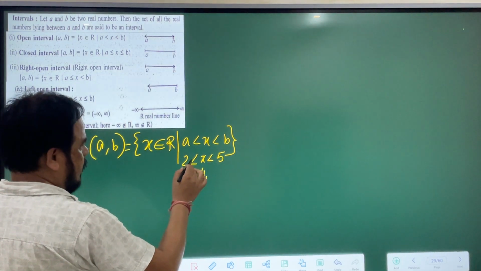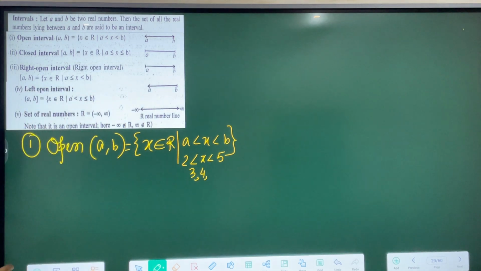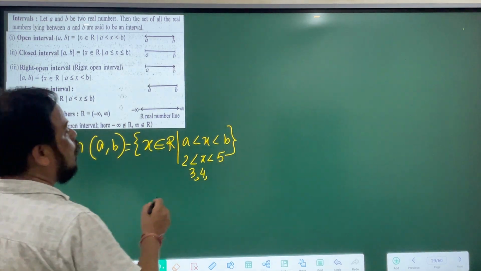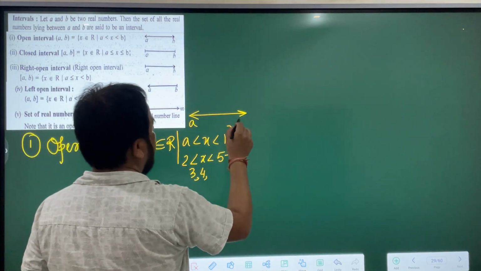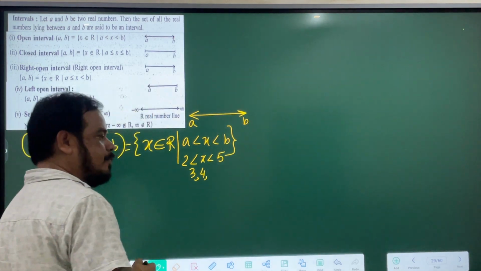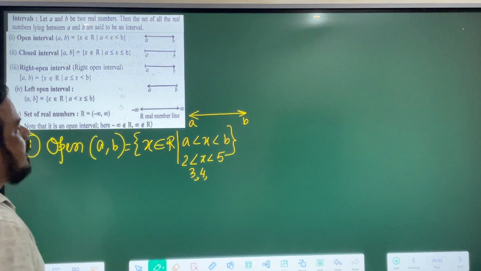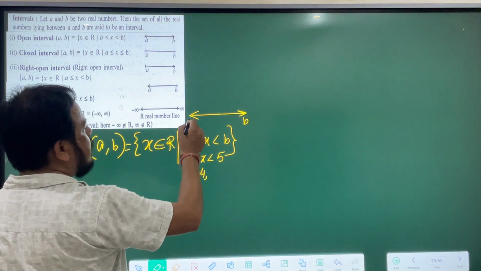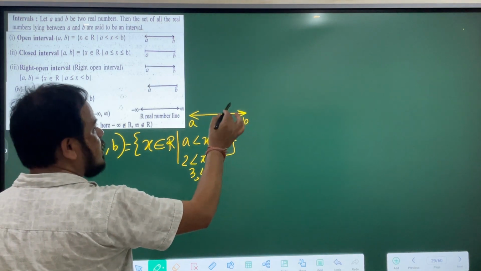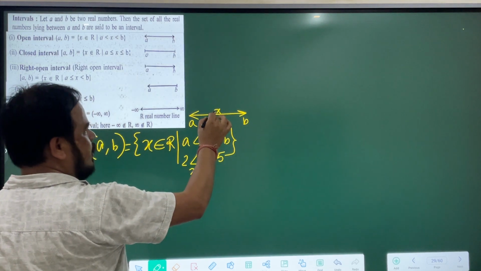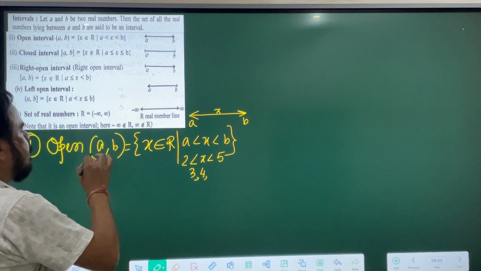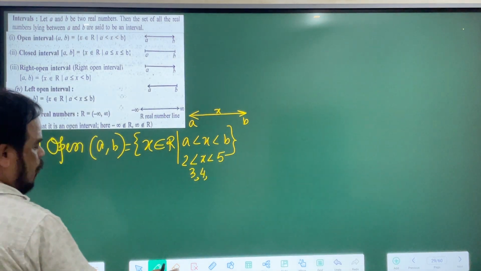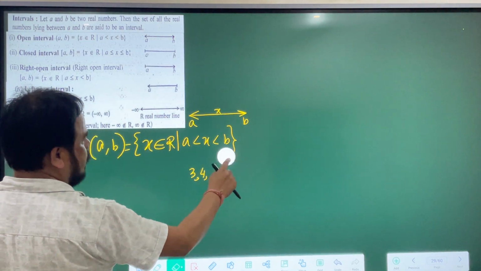In that case, this is called an open interval, and it is denoted by the symbol (a, b). It doesn't reach a, and it doesn't reach b. X is greater than a and less than b. So this is the symbol for the open interval. I hope you understand at least the meaning of this.